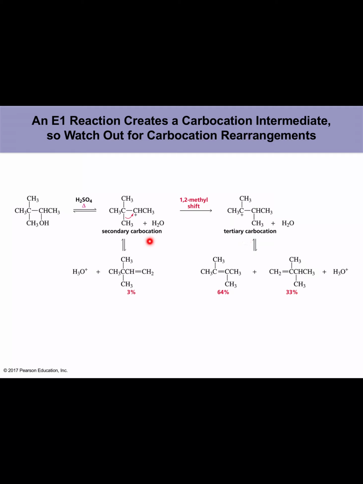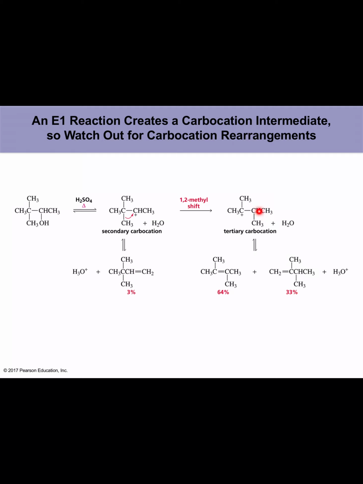Now the secondary carbocation, if it doesn't rearrange during the elimination process, what's going to happen? You form this alkene. One of the hydrogens on this carbon is removed and forms a double bond. And if the carbocation rearrangement takes place, there is a hydrogen on this carbon.